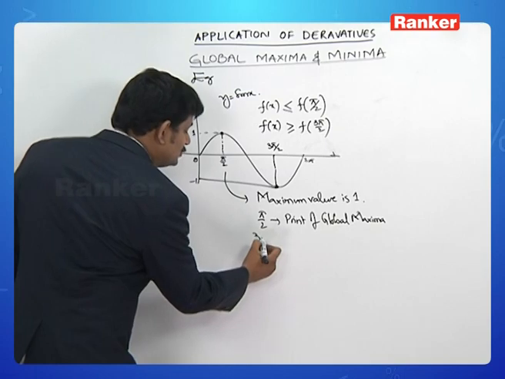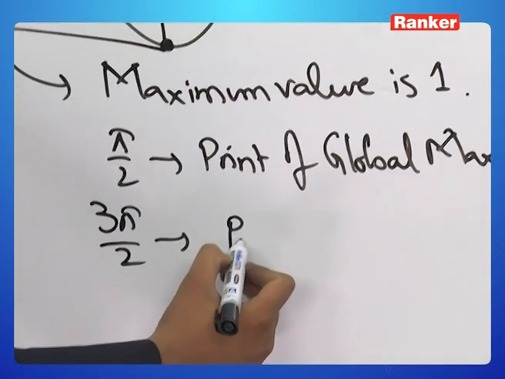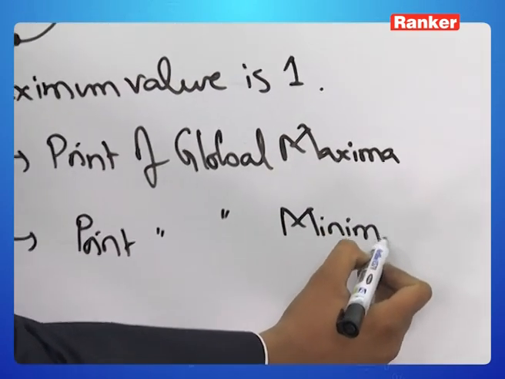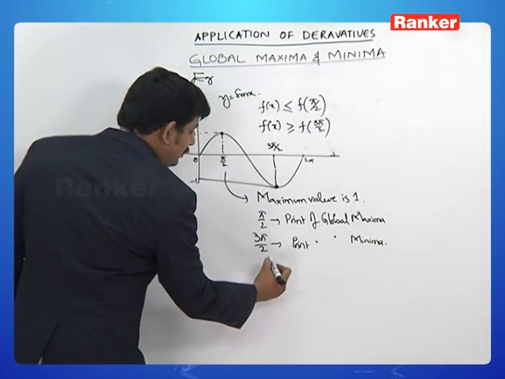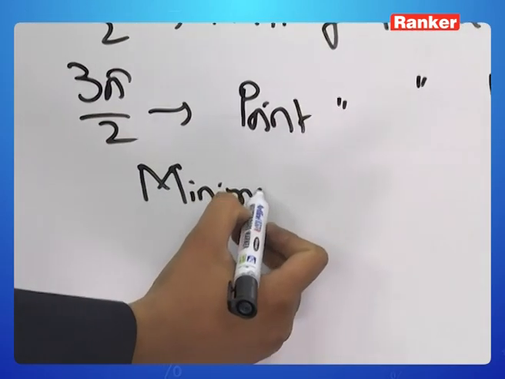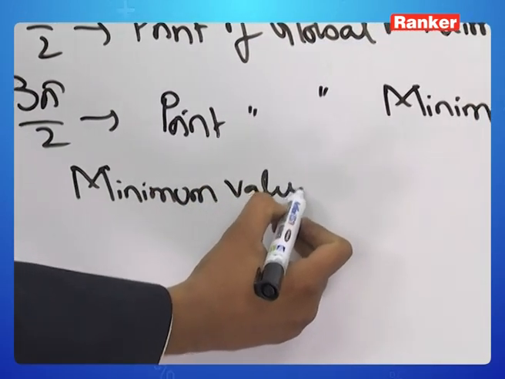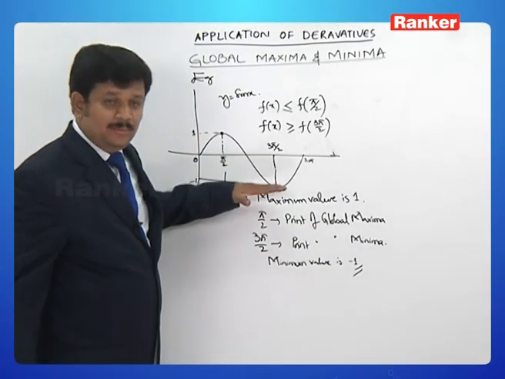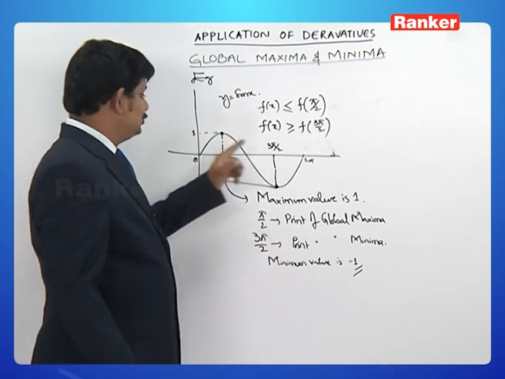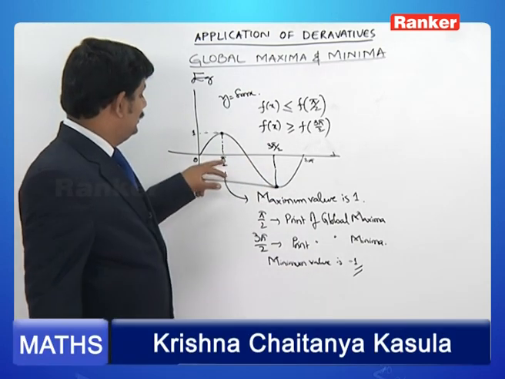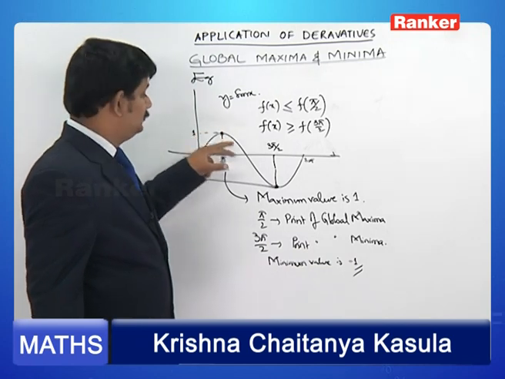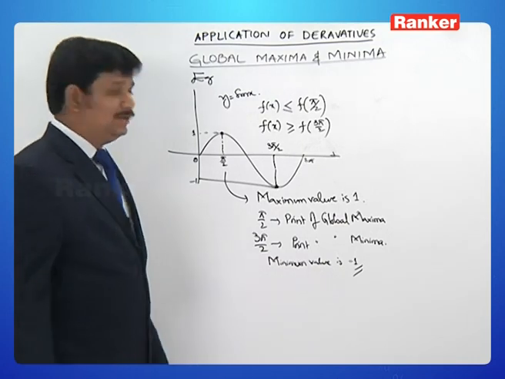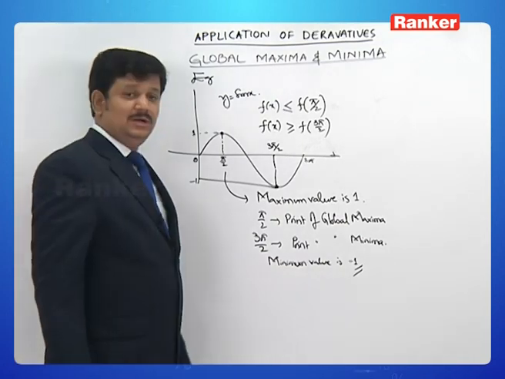So, 3 pi by 2 is called a point of global minima or global minimum, and the minimum value is minus 1. So, minus 1 is called the global minimum value of the function in the interval 0 to 2 pi, and in the interval 0 to 2 pi the global maximum is at pi by 2, and 3 pi by 2 is the point of global minima. This is how graphically we can determine whether a point is global maxima or global minima.